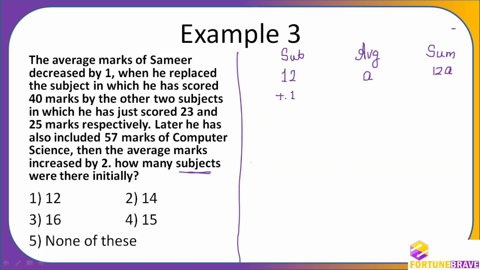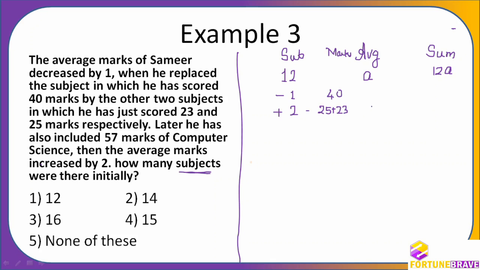One subject is going out, this is minus, and two subjects are coming in, my dear friend. So I'll write here marks. This mark is 40, and these two are having 25 plus 23, 48 marks.